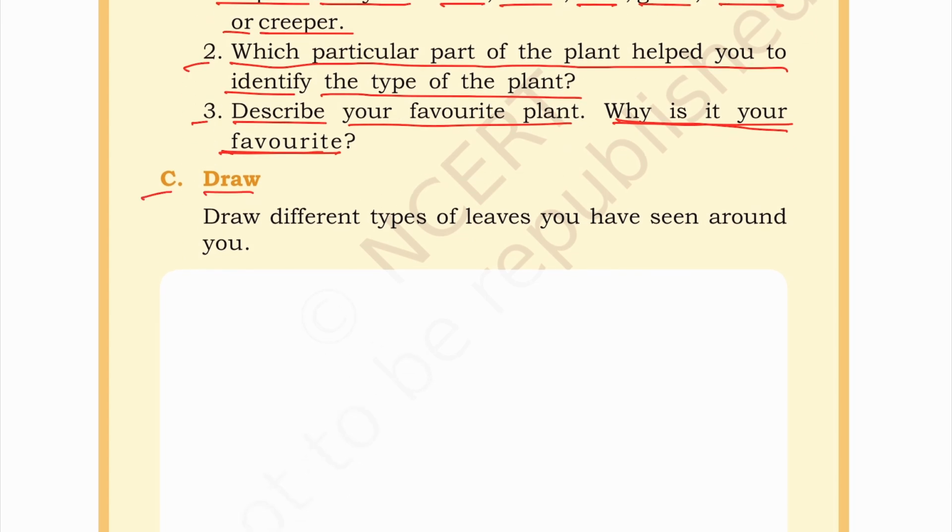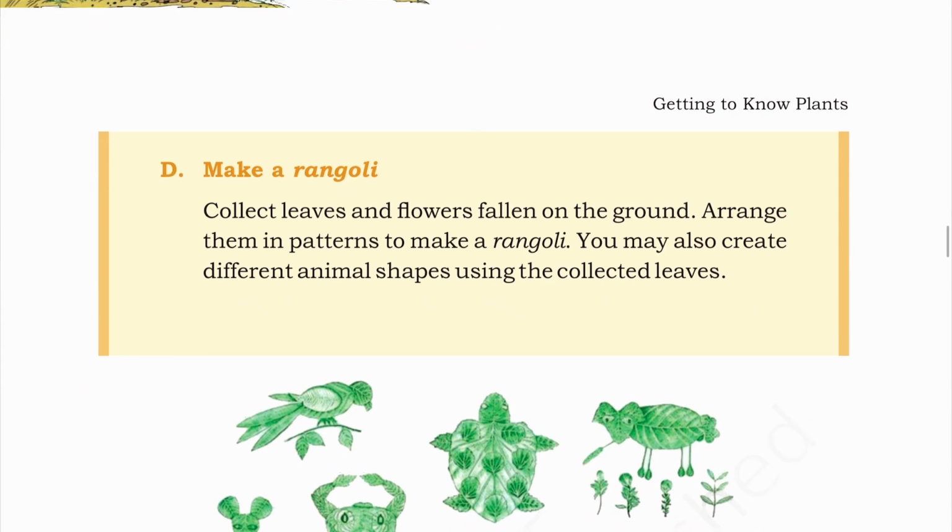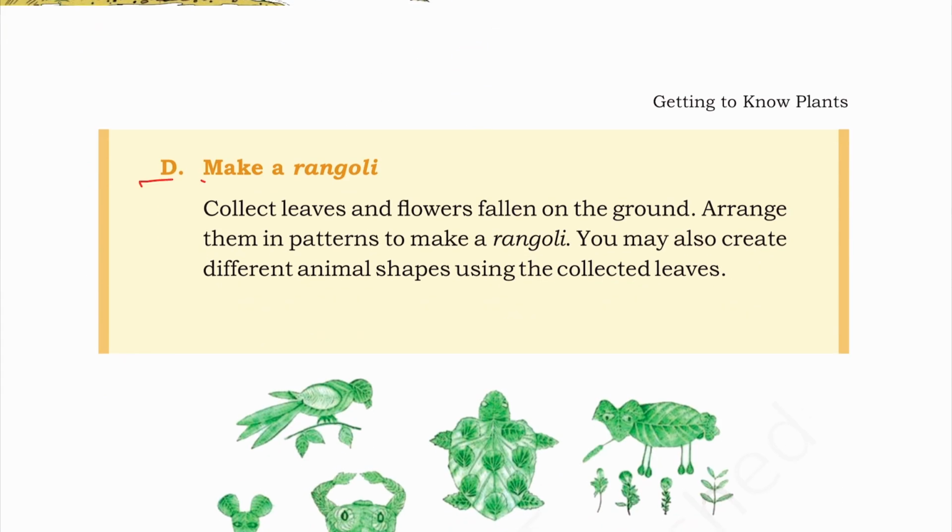C. Draw. Draw different types of leaves you have seen around you. D. Make a rangoli. Collect leaves and flowers fallen on the ground. Arrange them in patterns to make a rangoli.